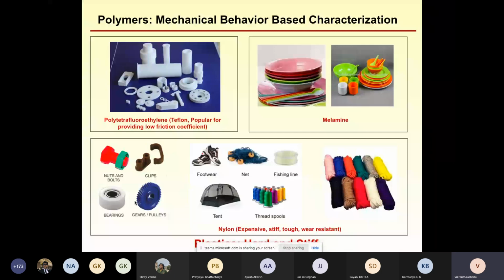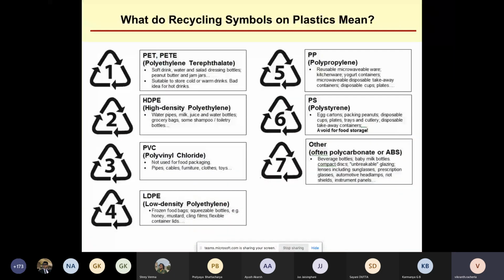And the big advantage of thermoplastics over thermosets, so all of these materials whichever I have talked about are thermoplastics. Acrylic, polycarbonate, polyethylene, polypropylene, nylon. These are all thermoplastics, which means that they can be recycled.